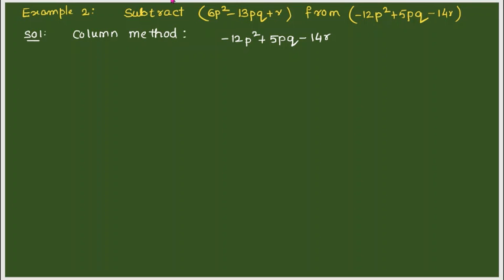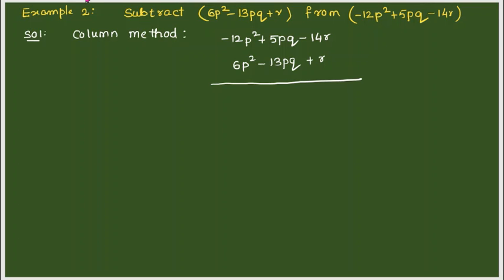6p square should be written under the p square term, minus 13pq should be written below 5pq, and plus r should be written below the r term, that is minus 14r. Now you need to subtract. But you remember that while subtracting the expressions, you need to change the symbol of the terms of the second expression.